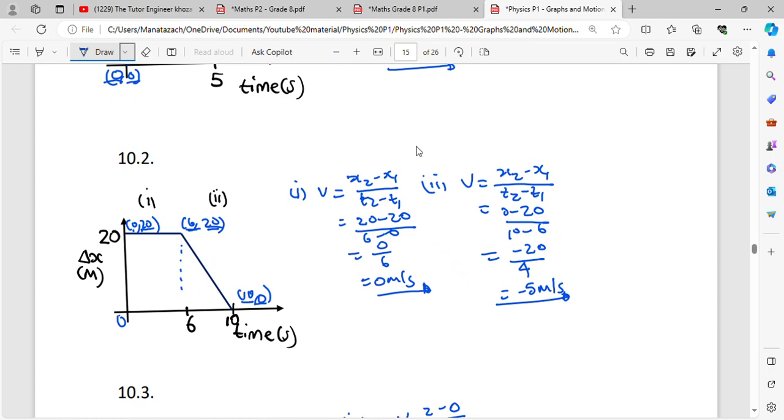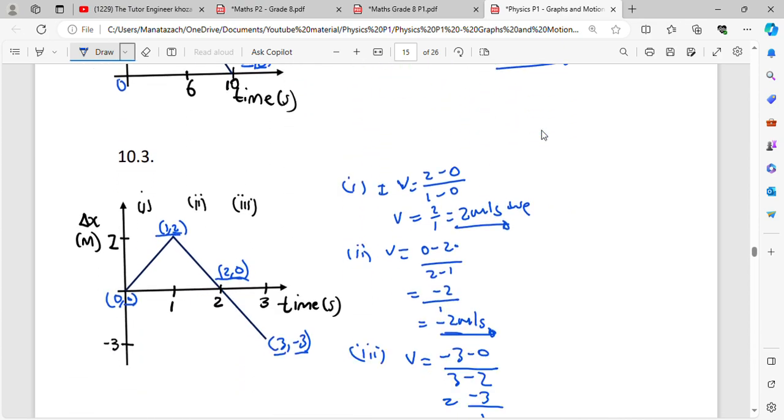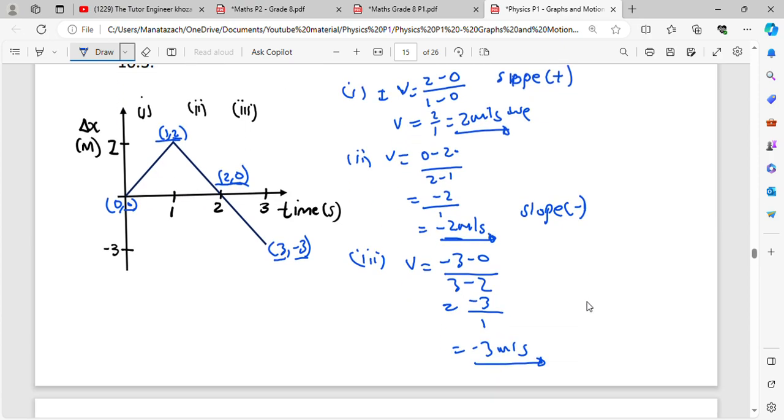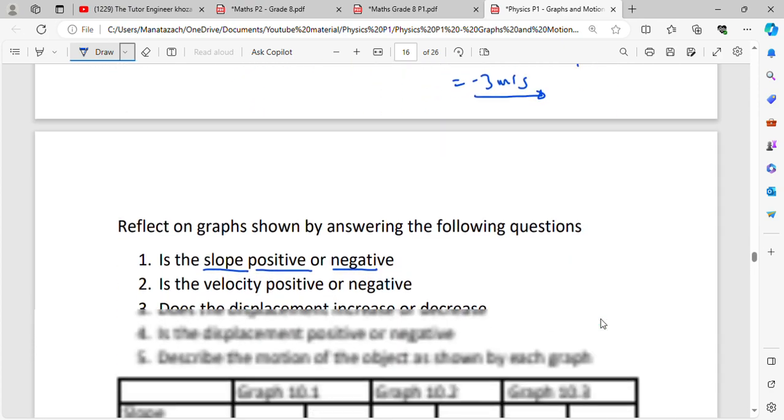And for this part of the question, the slope was 0, right? And for this part, the slope was negative. Then Roman figure 1, the slope is positive. Here the slope is negative. Here the slope is also negative.